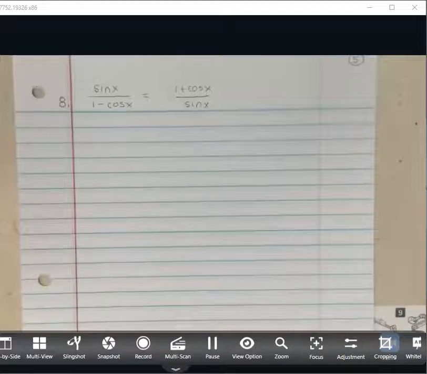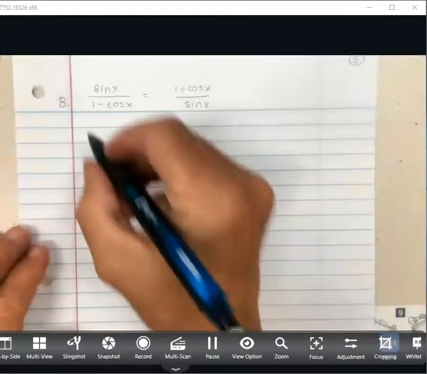Pick a side, any side. Which one do you want to start with, left or right? I heard both answers. Let's start with the left.